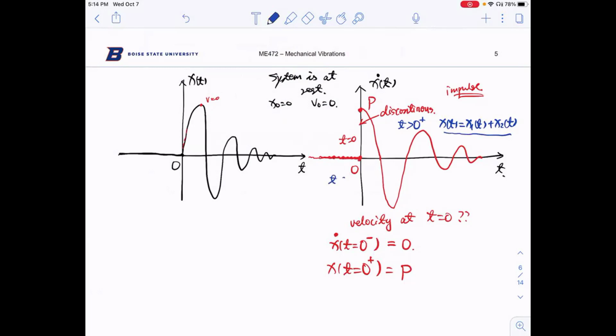Mathematicians may not like these symbols, but I just created them. So if we look from the negative time region, then your response is just x1(t), right? Because we assume that the impulse is applied between. Make sense?